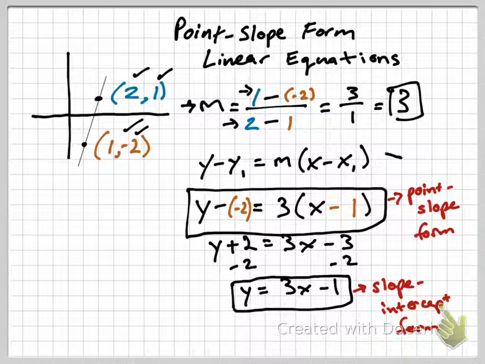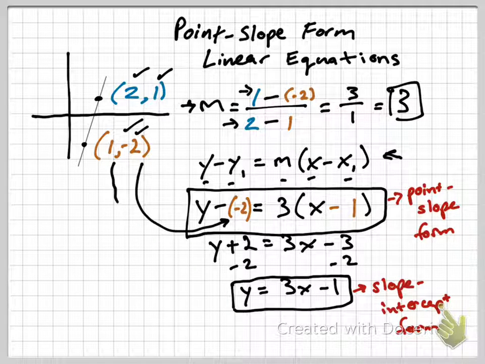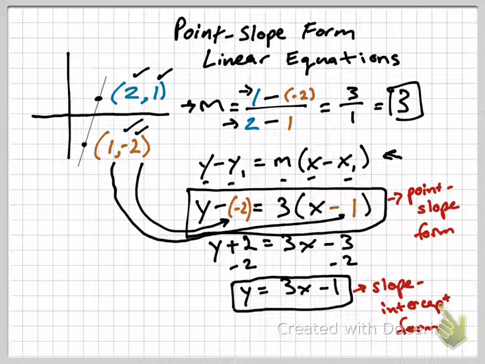Next thing you want to do is always write out the equation you're using before you plug things in, right? So this is the base form of the equation: y minus y1 equals m times x minus x1. Now I'm just going to take this point, plug the y in and the x in, right?